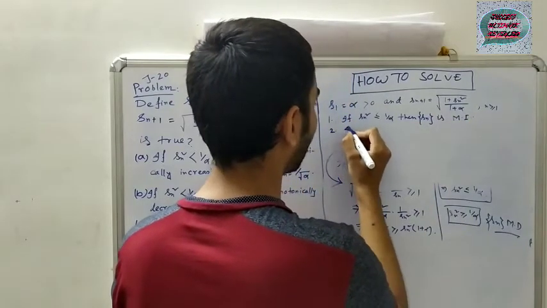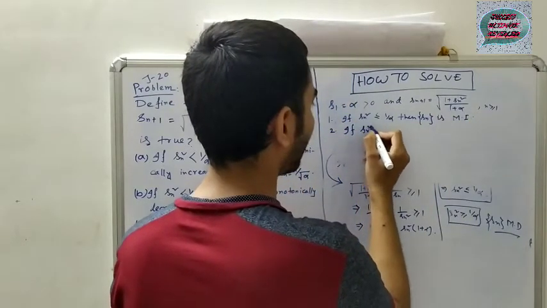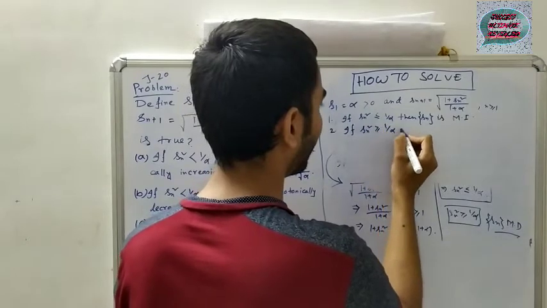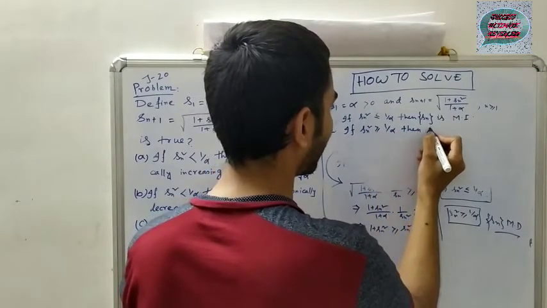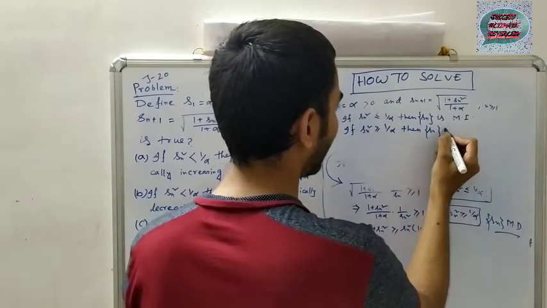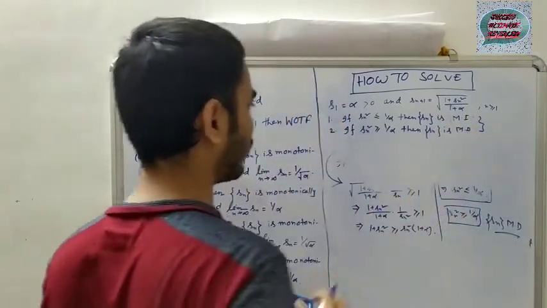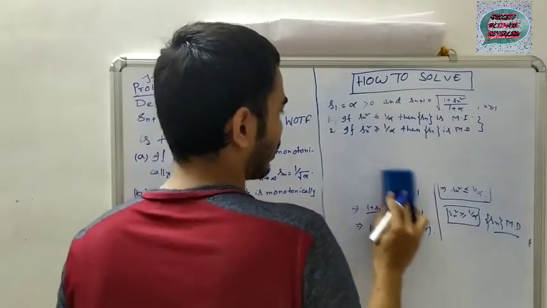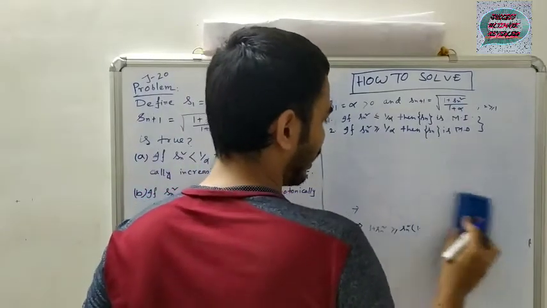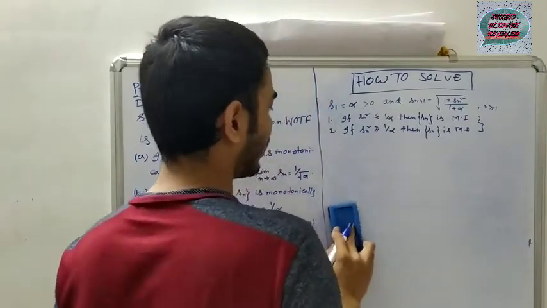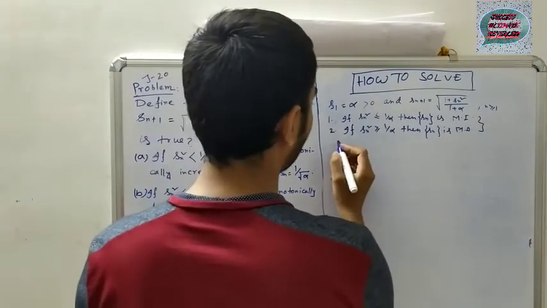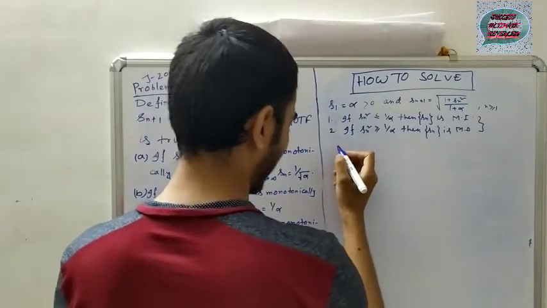If Sn square is greater or equal to 1 by alpha, then Sn is monotonically decreasing. Okay, we find these two results. Now we consider case 1 for the monotone increasing sequence and case 2 for the monotone decreasing sequence.